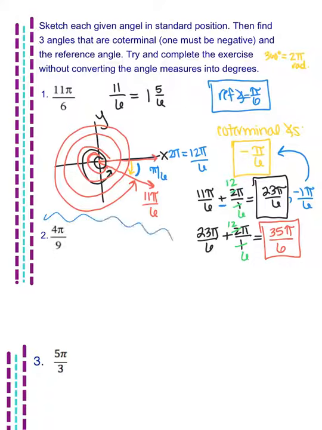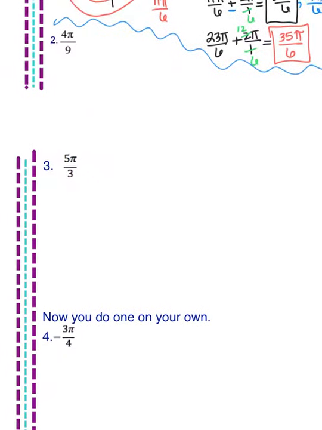So now let's look at the next one, 4 pi over 9. So first, let's sketch this angle. So if I'm thinking about pi over 9 units, this would be 0 radians, this would be pi, which is 9 pi over 9.